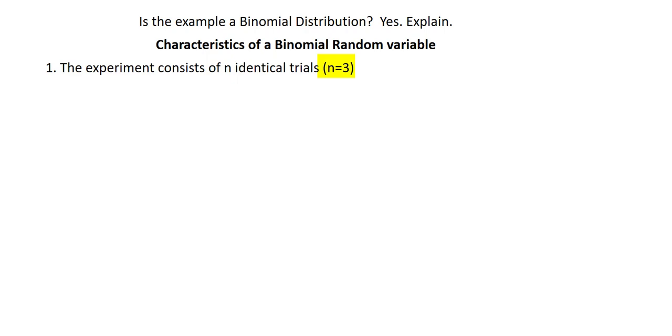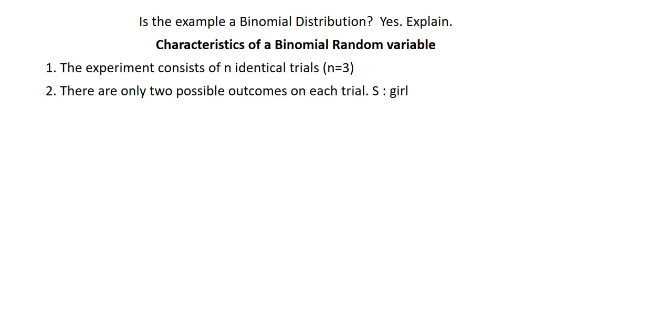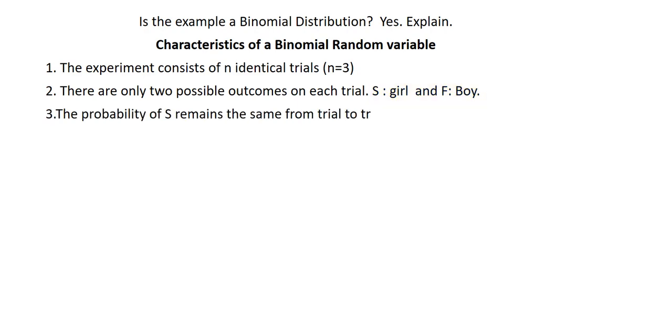So my n in this case will be 3. Then the second property is that there are only 2 possible outcomes on each trial. So in this case, the possible outcomes every time they have a child will be either a girl or a boy.